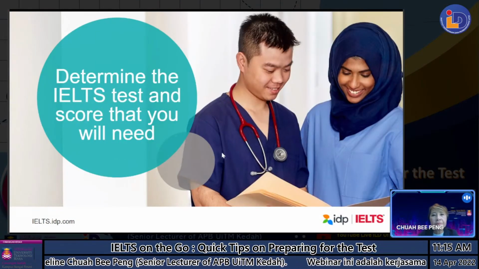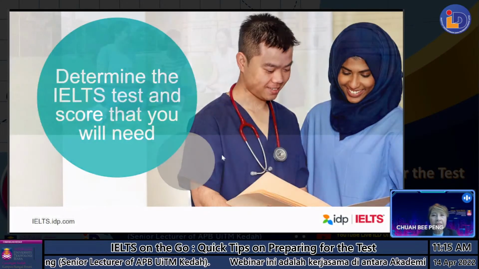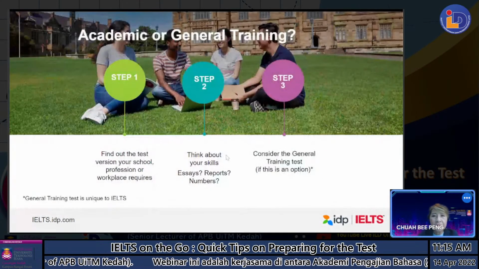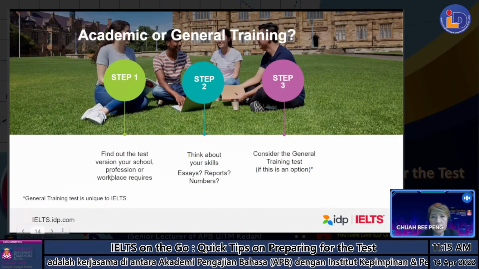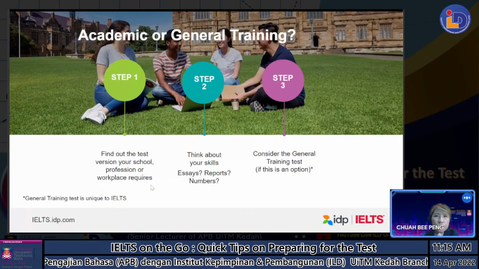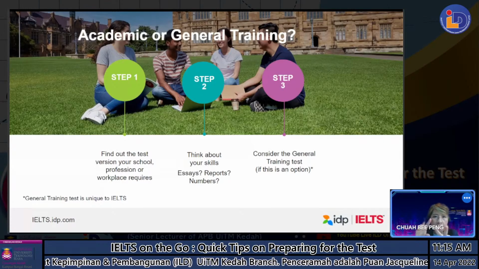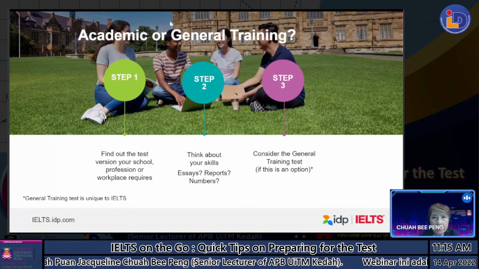All right. Determine the IELTS test score that you need. Let's see how to determine that. So find out the test version that your school or profession, that workplace requires. There are two versions. Please make sure that you have decided which module you need to take and sign up for it.